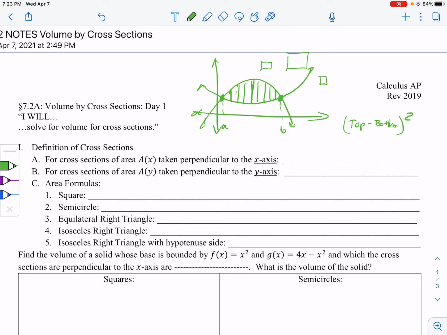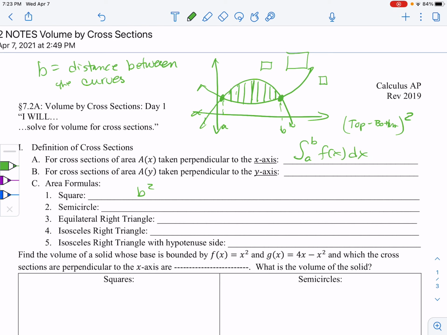So we're going to come down here to a formula. I'm going to call B equal to the distance between curves. So on a square, it's going to be B squared. We have integration along the x-axis. It's going to integrate from A to B, f of x dx.